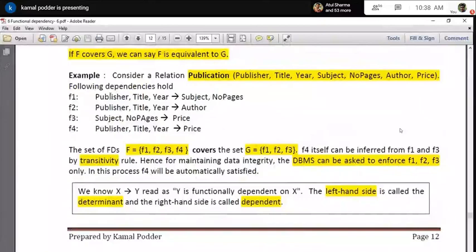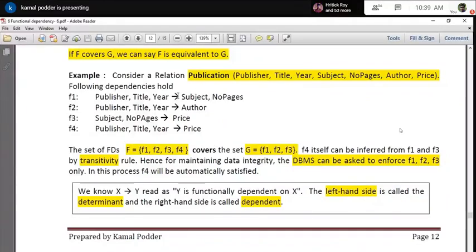Consider a relation, Publication. These are the different attributes of this publication. By understanding the meaning, and through data checking and all those things, I find these functional dependencies: F1, F2, F3, F4.